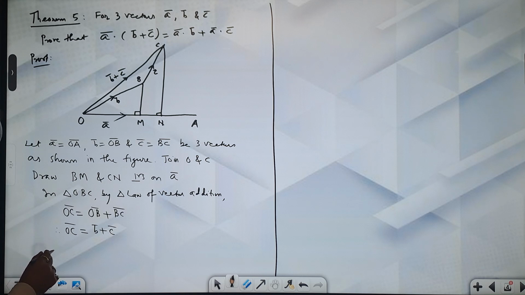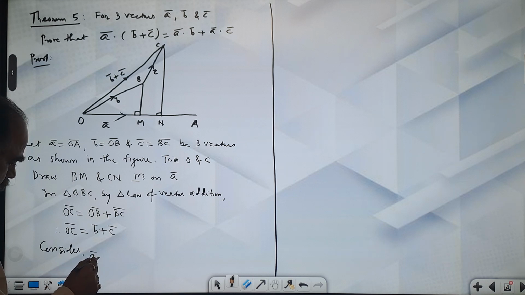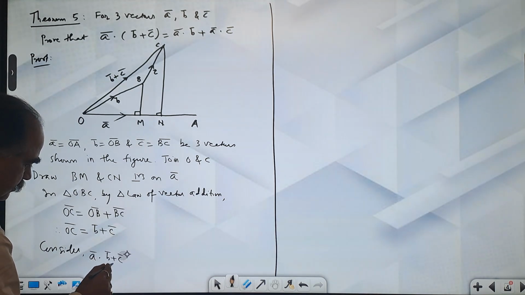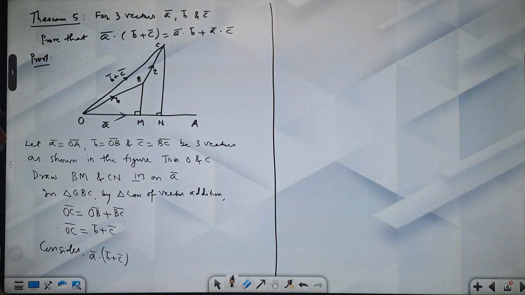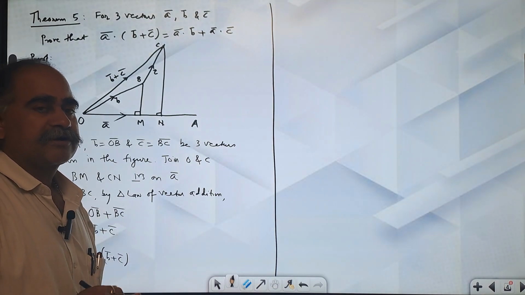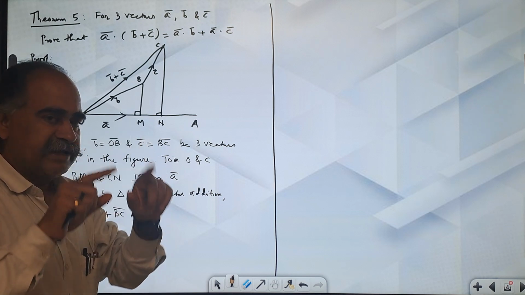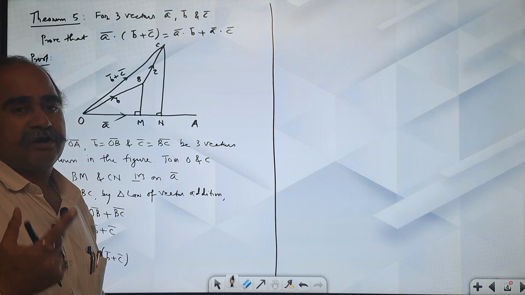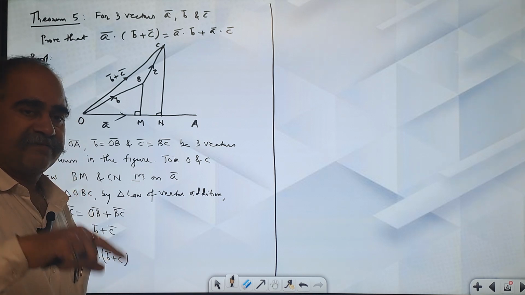Consider A bar dot B bar plus C bar. Just now I gave a note. In that note I have given dot product of two vectors: magnitude of the vector on which we are projecting into projection of the vector on the other vector.